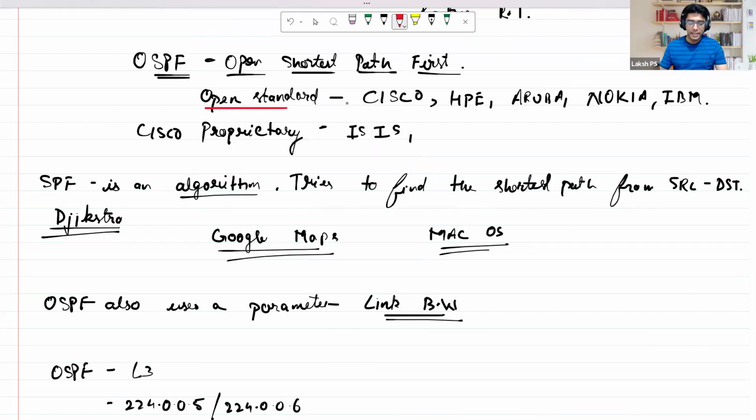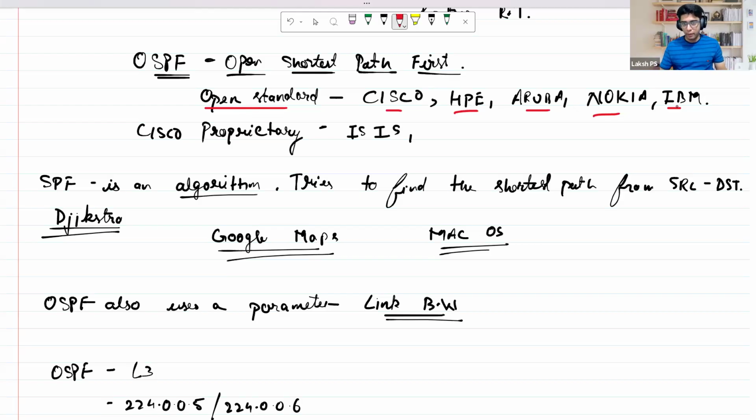OSPF, where open means open standard, meaning that any vendor's router, be it Cisco, HP, Aruba, Nokia, or IBM, can use this particular protocol. These vendors can also communicate with each other using OSPF.